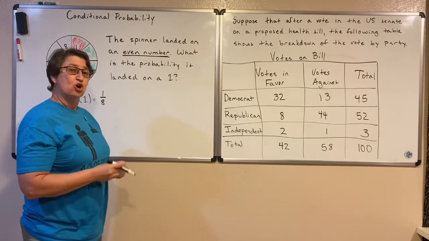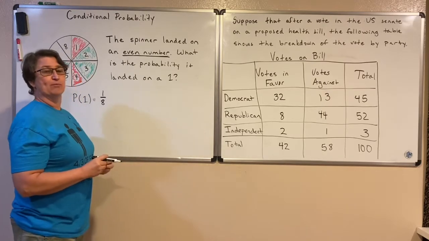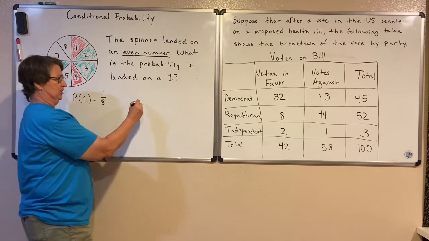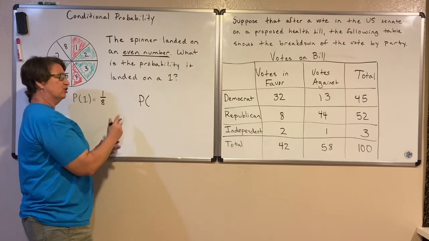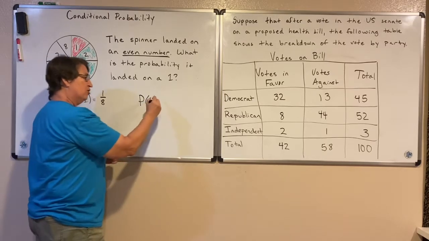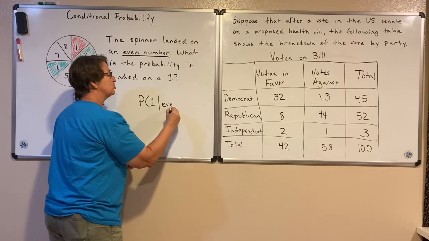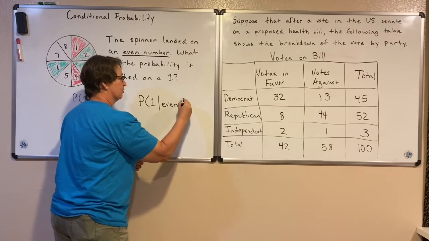Now I'm going to show you some notation, or how we write this probability when we have that condition. Here, we're still looking at the probability that it lands on a 1, but we're given, or we know, that it's actually on an even number.